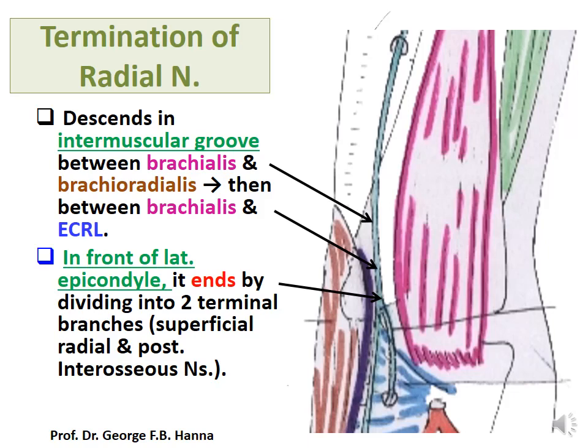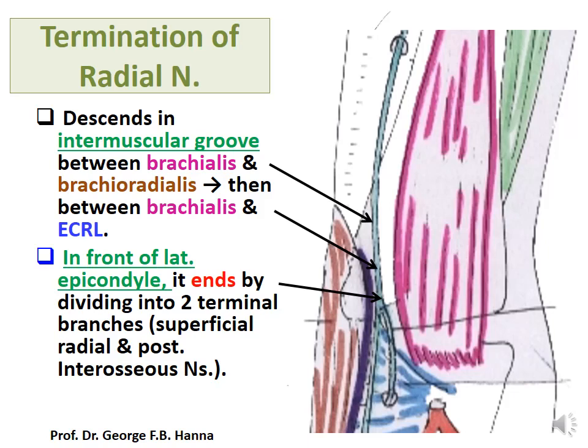It also supplies both. In front of the lateral epicondyle, at the third arrow, the radial nerve terminates by dividing into two terminal branches: the superficial radial, which seems to be the downward continuation, and another branch called the posterior interosseous nerve.